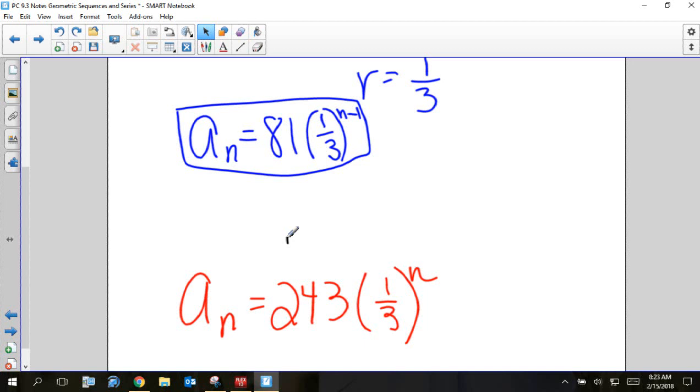Multiply 8, 1, 6, 4, 3. You didn't leave space, so I thought you would.